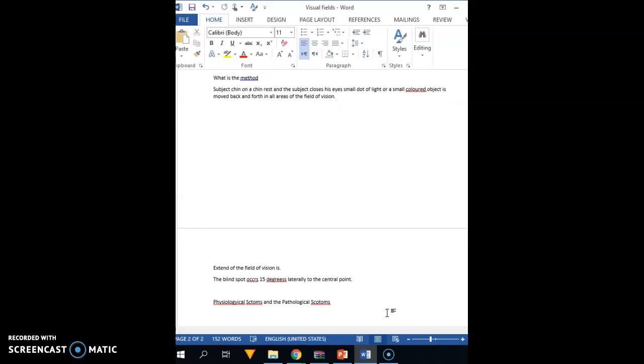Physiologically speaking, you can have scotomas such as the blind spot, which is in the retina and is formed on the optic disc. Of course, the reasoning behind this is that this is where the nerve passes through.